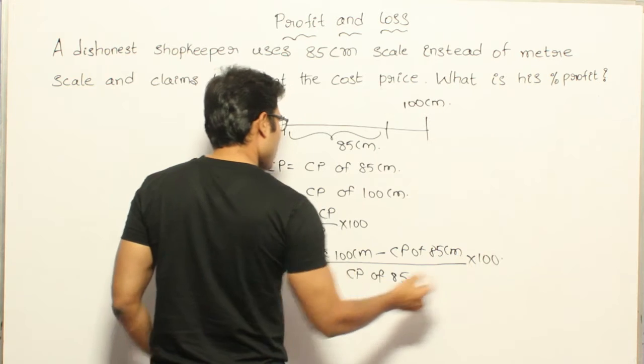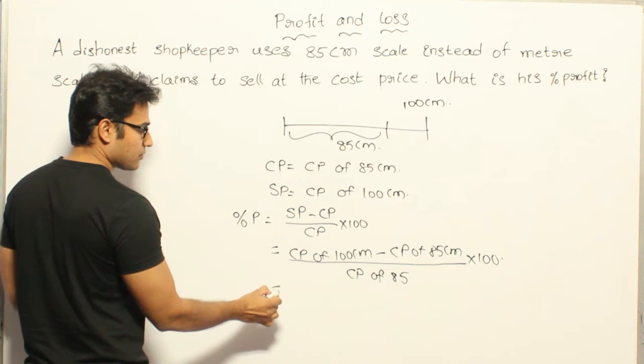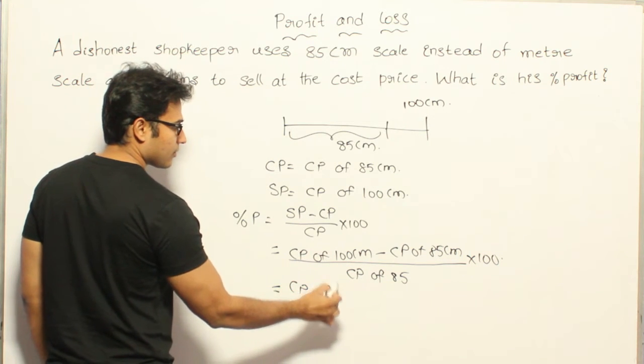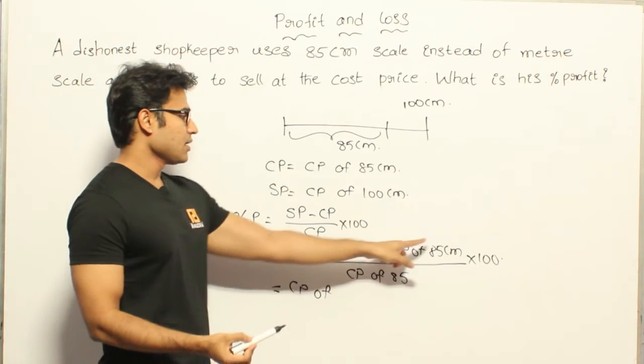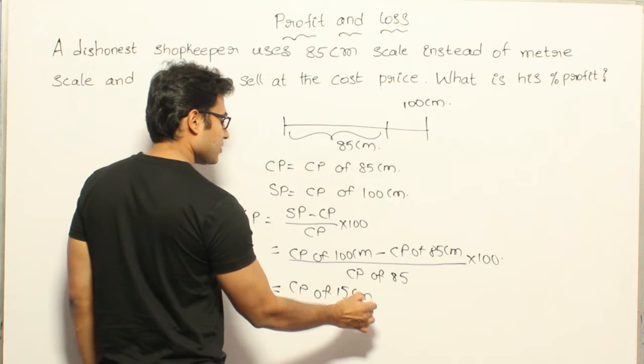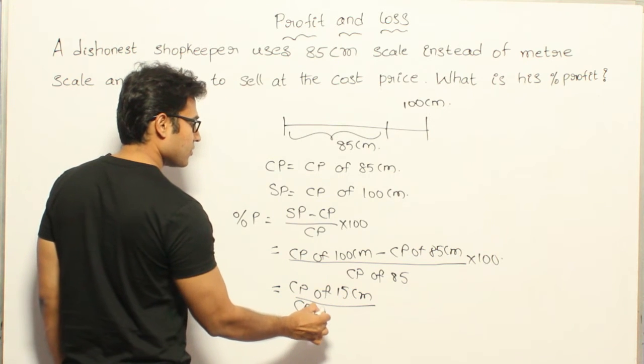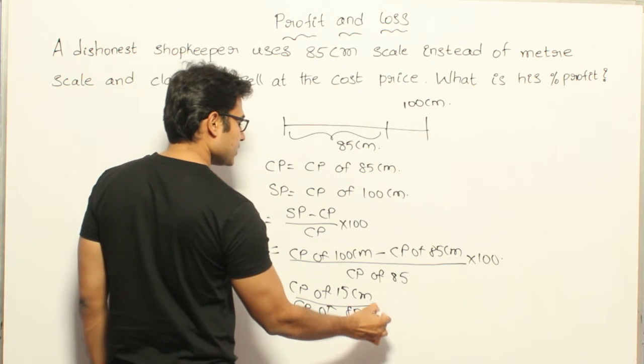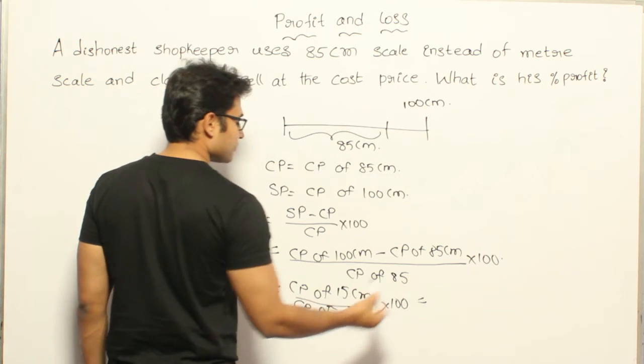So 100 minus 85 is 15 centimeters, right? Cost price of 15 centimeters divided by cost price of 85 centimeters into 100.